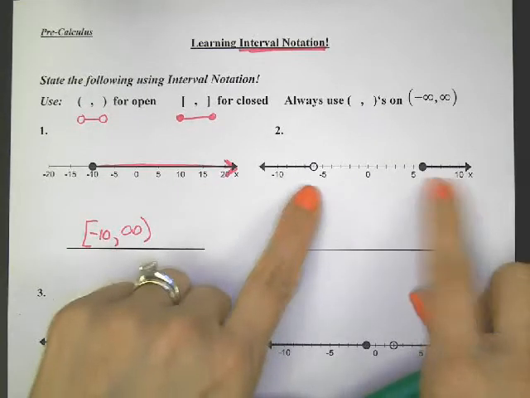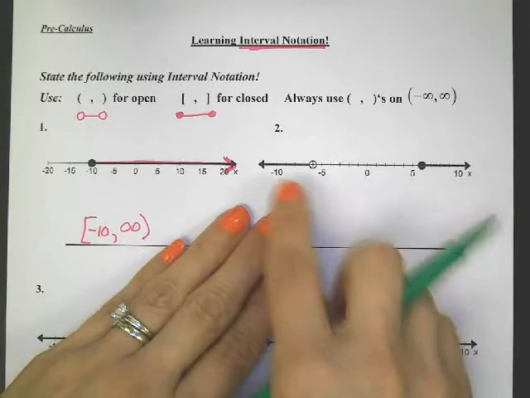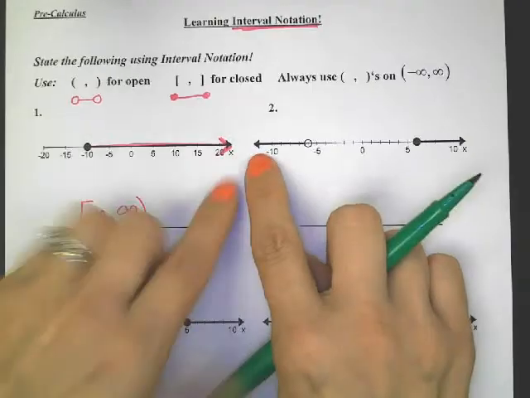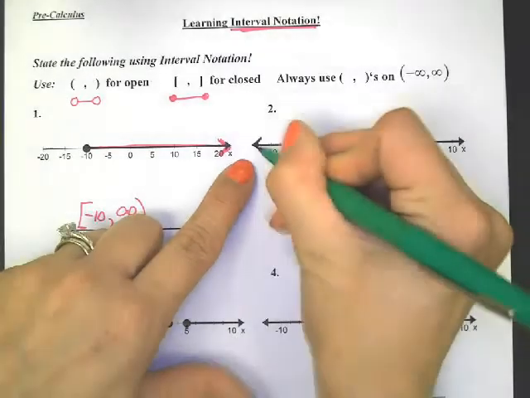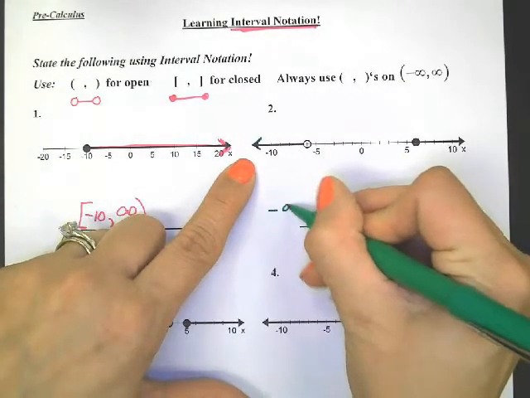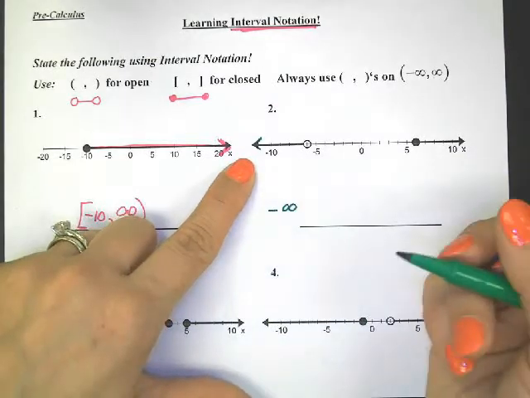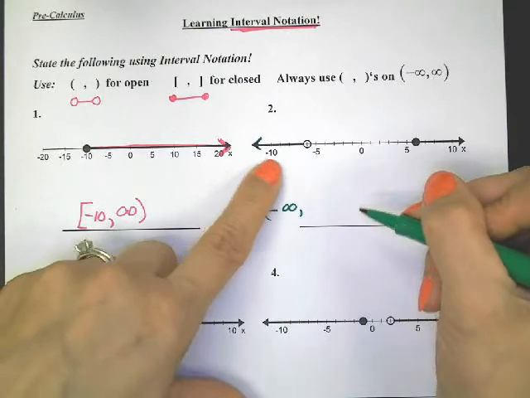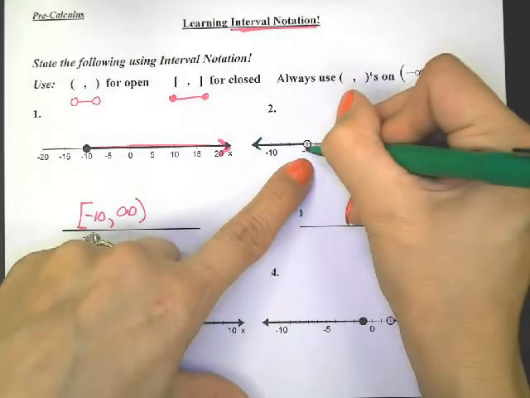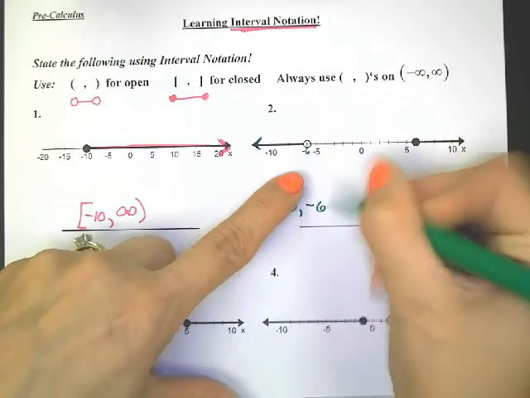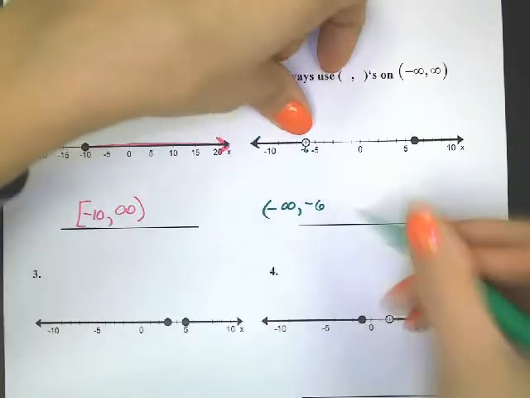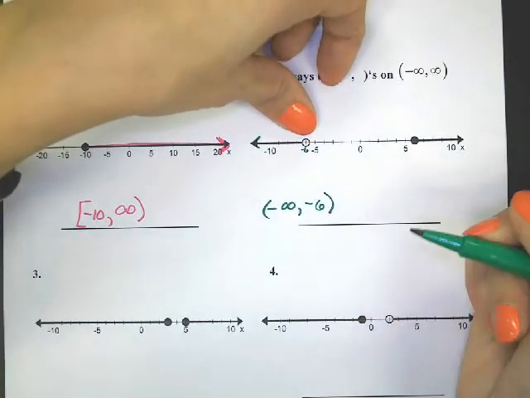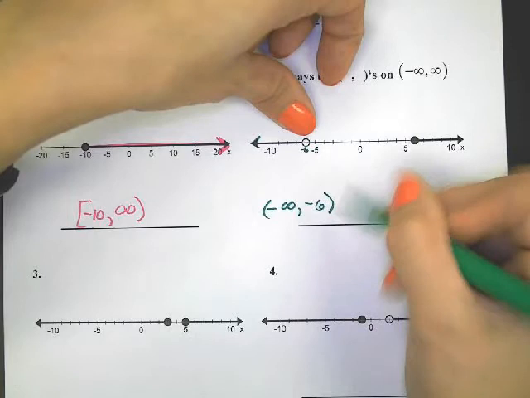Okay, this one here has two pieces. They look just like the number line. So start in the small end. This is pointing all the way at negative infinity. What do we use on infinities? Parentheses, comma. And you keep going until the number, was this -6? Now, -6 bubble is open, so we're going to use parentheses. That means not included.